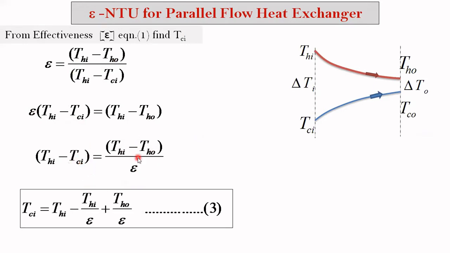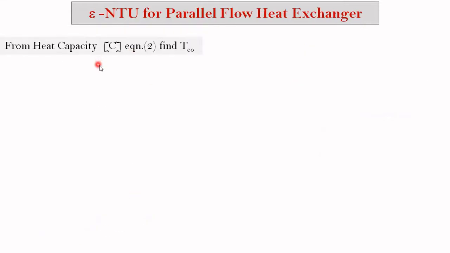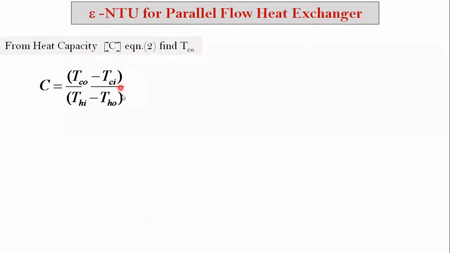We bring TCI to the right-hand side and this term to the left-hand side. So TCI equals THI minus THI upon effectiveness plus THO upon effectiveness. This is our equation number 3 for TCI. Now find TCO from the heat capacity ratio equation. The heat capacity ratio is TCO minus TCI upon THI minus THO.